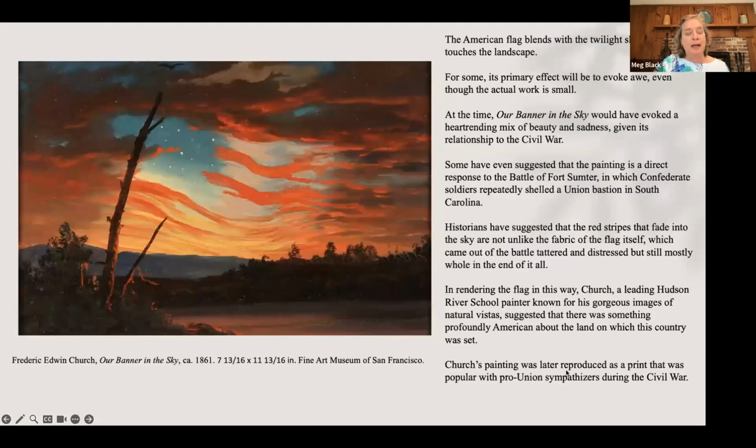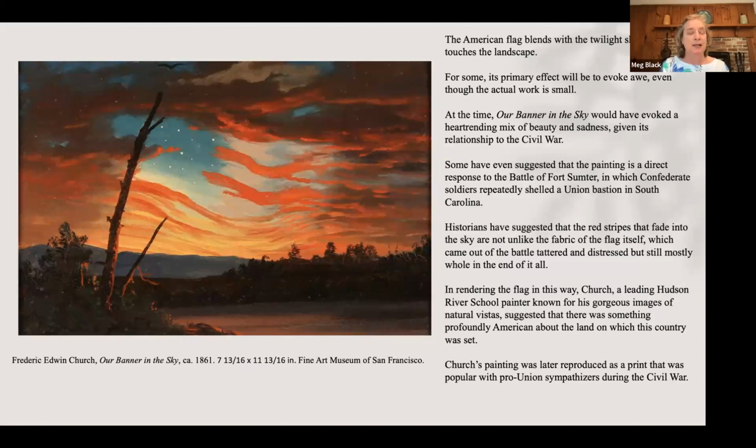So going back a little bit, we have this image of a flag. Now, let me just be clear, these are images of the flag in American art. You cannot use an American flag for anything but the purpose of flying the flag properly. As I was doing the research for this lecture, I watched a lot of lectures about how to properly display the flag and how not to.